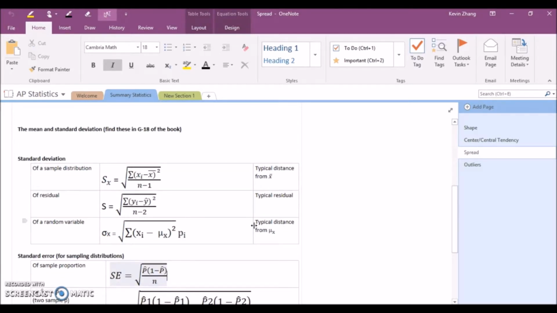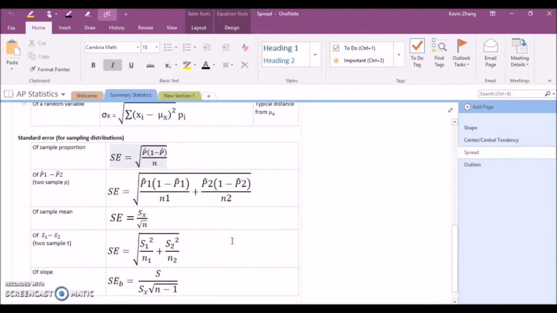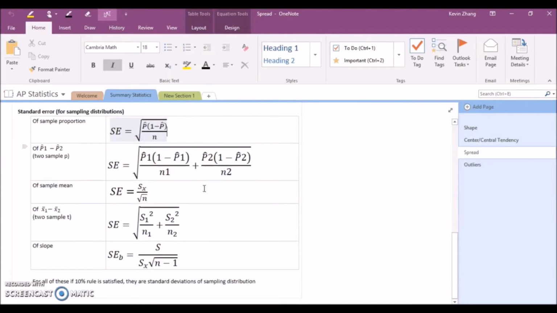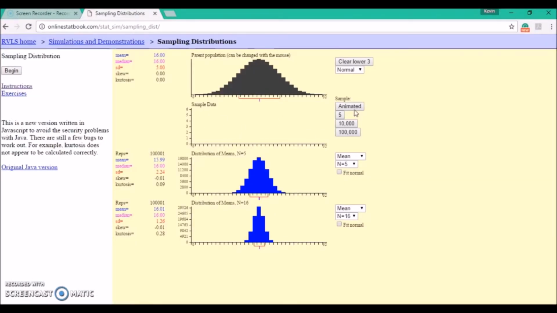When we look at sampling distributions, we're no longer looking at standard deviation. Instead, we're looking at standard error. And the reason for this is that instead of looking at the parent population, we're looking at how samples show us what a sampling distribution looks like right here.